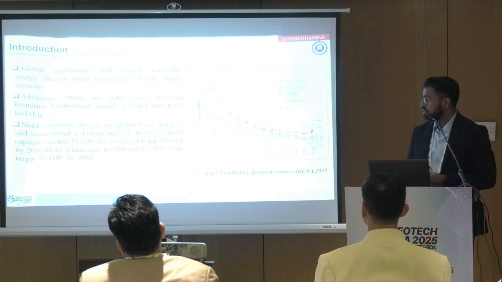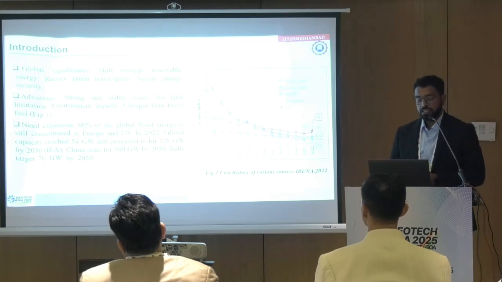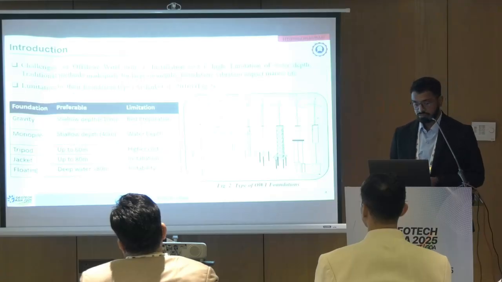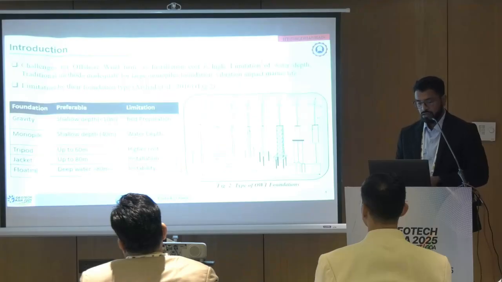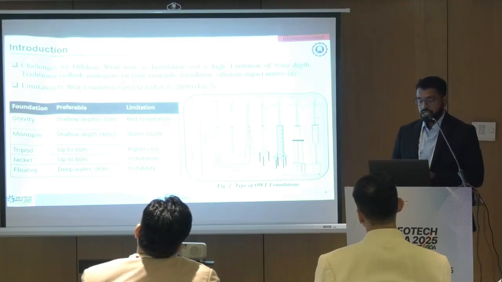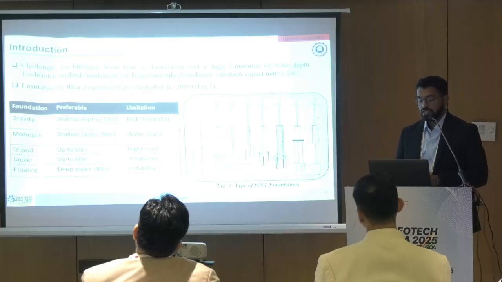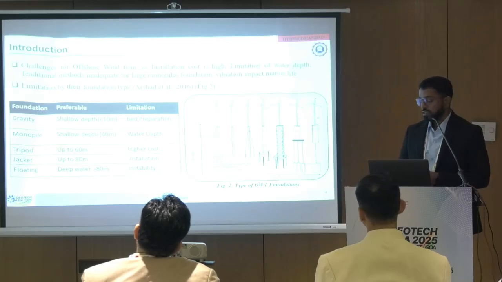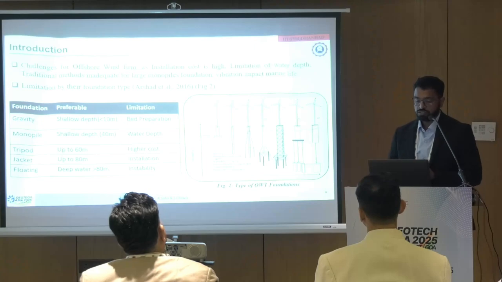India and China have long coastal areas, and China has already targeted 300 gigawatts by 2050, and India targeted 70 gigawatts by 2030. The challenges of offshore wind turbines are that installation cost is too high and water depth is limited, as monopiles are used offshore only from about 40 meters.